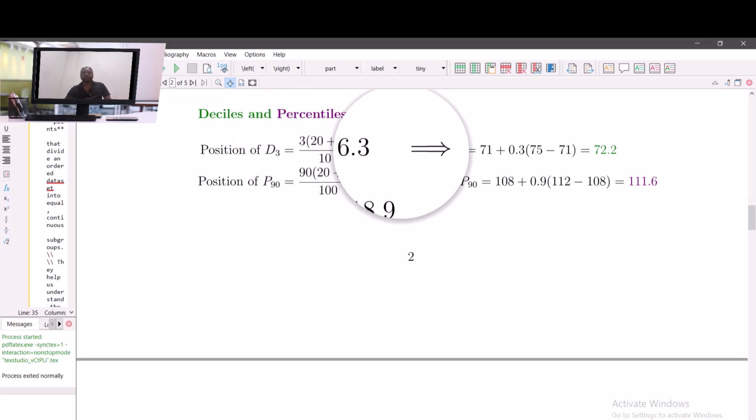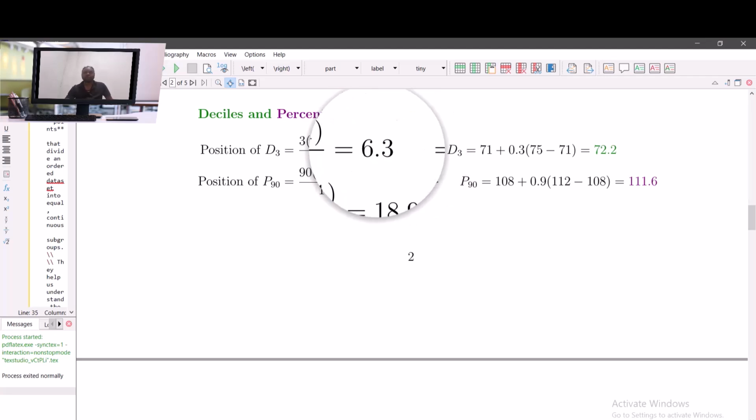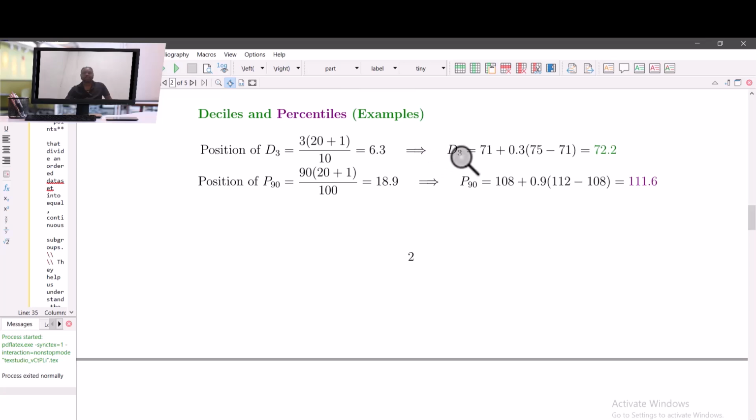We obtain 6.3 as the position, so the sixth value plus 0.3 multiplied by the discrepancy of the two numbers in between. At the end of the day we come up with 72.2, which is the value of decile 3.